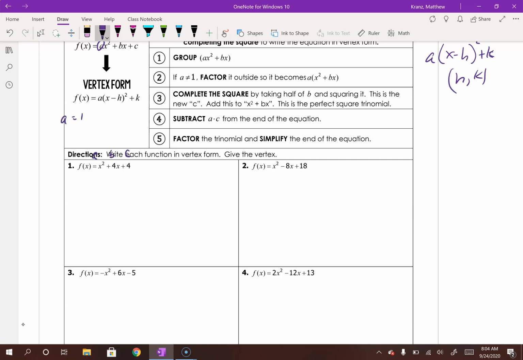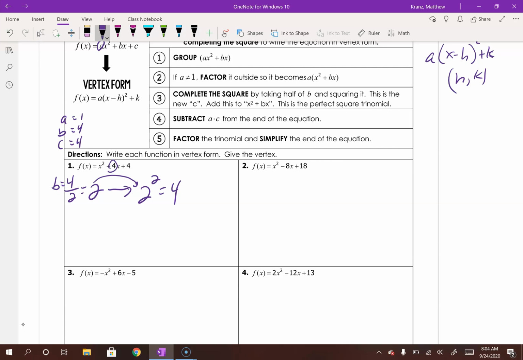In this case, a is 1, b is 4, and c is 4. I take my b term, b equals 4, and divide it by 2, which gets me 2. Then I take this number and square it, giving me 4.